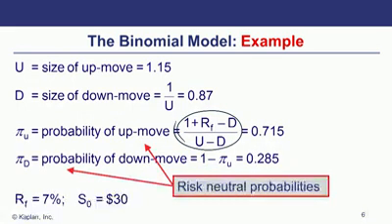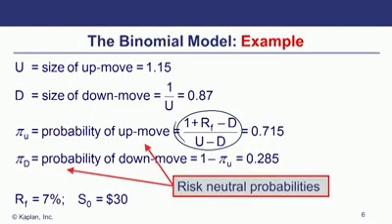So if we assume that we live in a risk neutral world, what we need to do here is take 1 plus the risk-free rate minus the down factor. Remember, the down factor is basically the factor we use to estimate the price in the down state of the world. In the denominator, we have the up factor for the up state of the world minus the down factor.